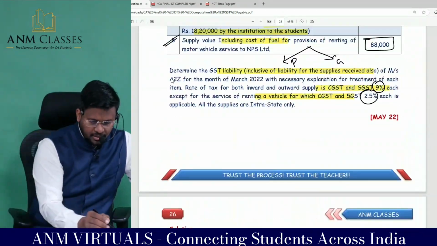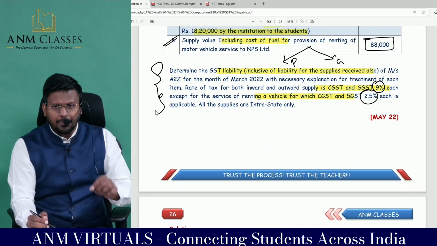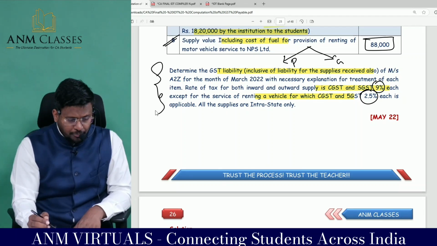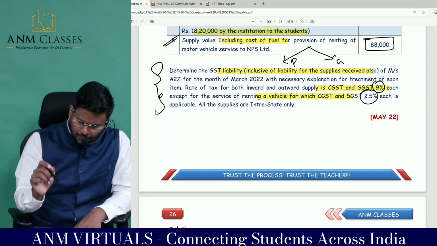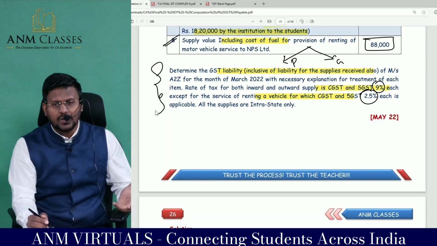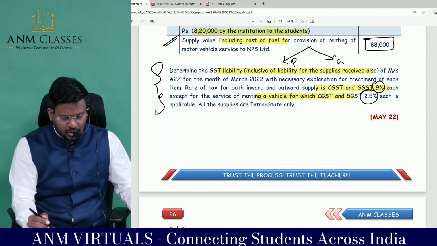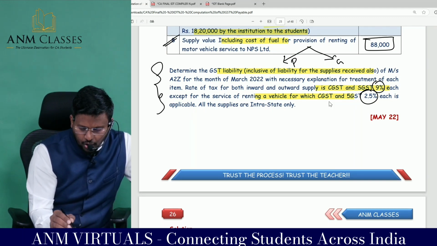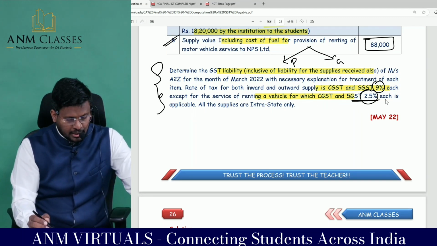Read this part. Determine the GST liability inclusive of liability for supply of Mrs. A to Z for the month of March, with necessary explanation for treatment of each item. Rate of tax for both inward and outward supply is CGST and SGST each, except for the service of renting of vehicle, for which CGST and SGST is applicable.